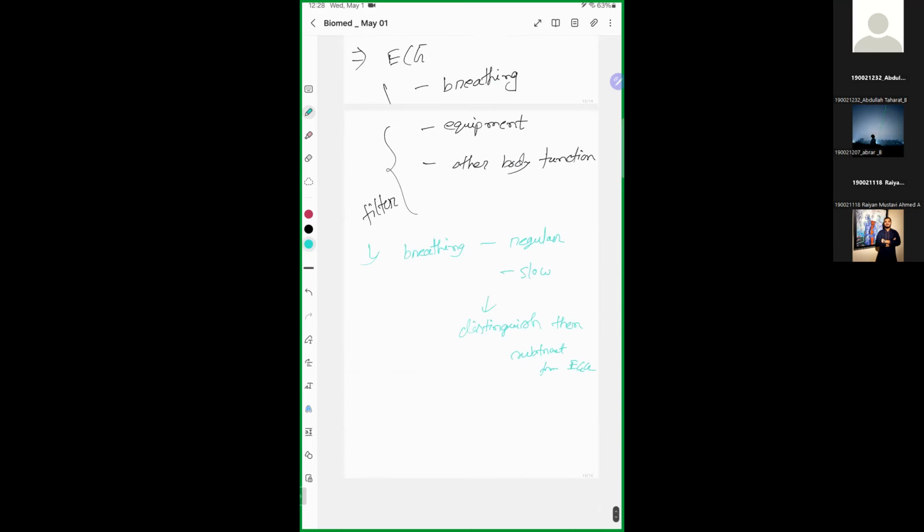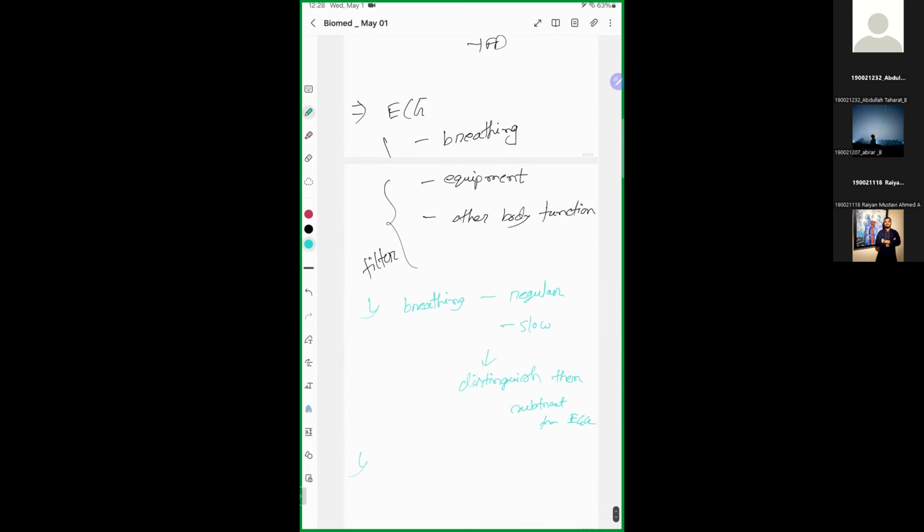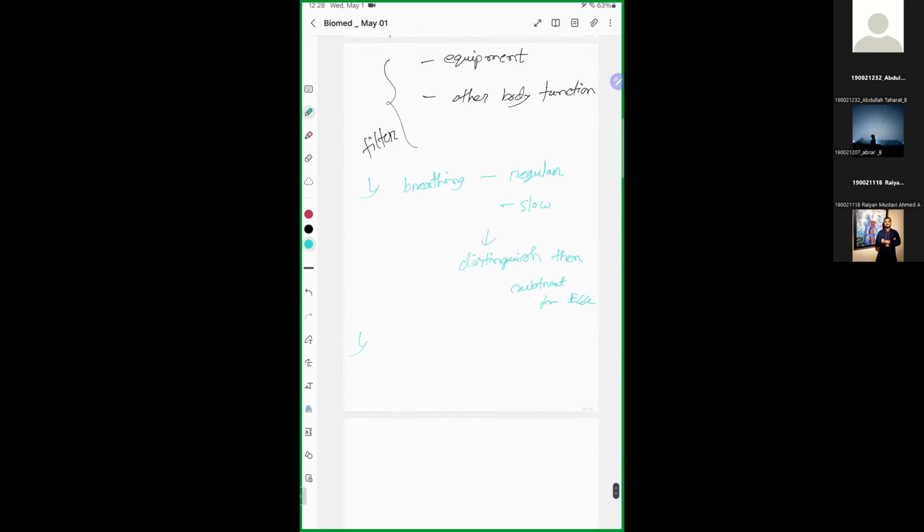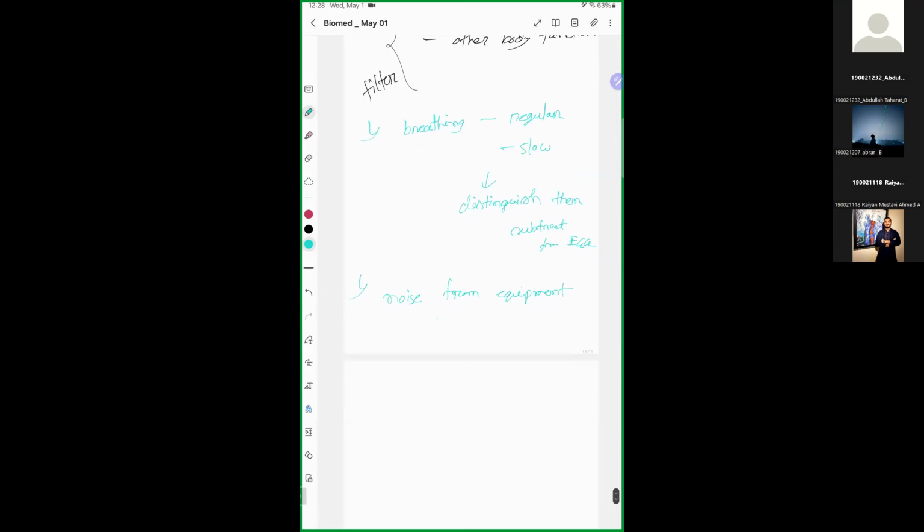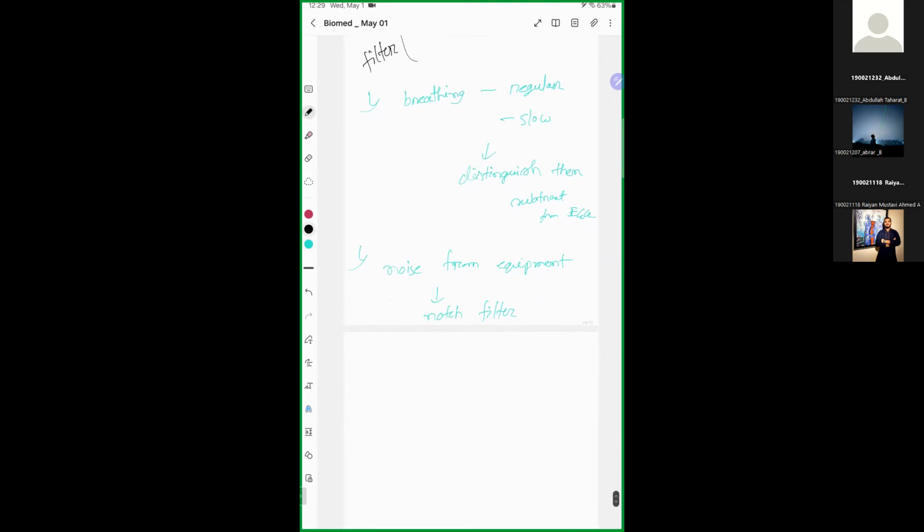Another thing is the noise from equipment. For this one, you use a notch filter. What is a notch filter? A notch filter rejects a particular frequency.